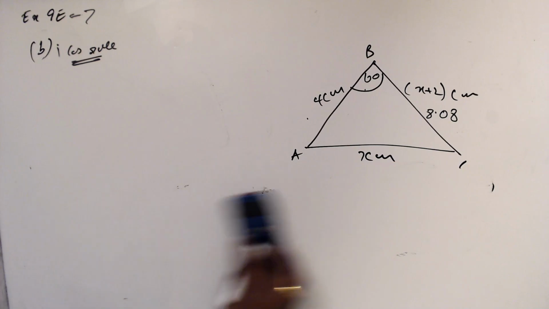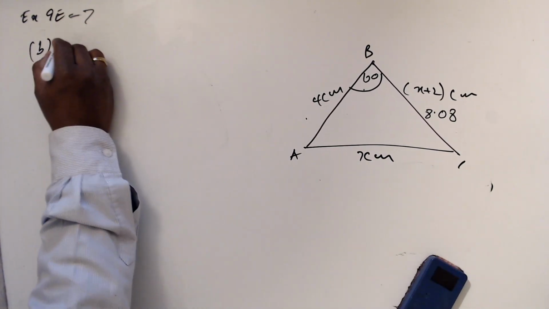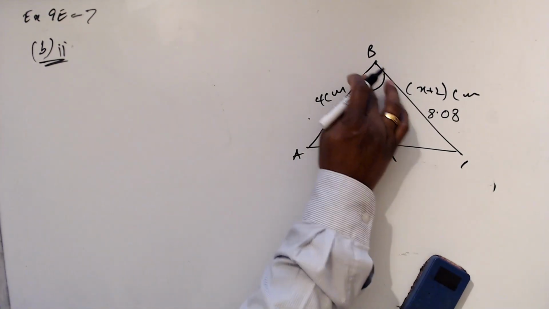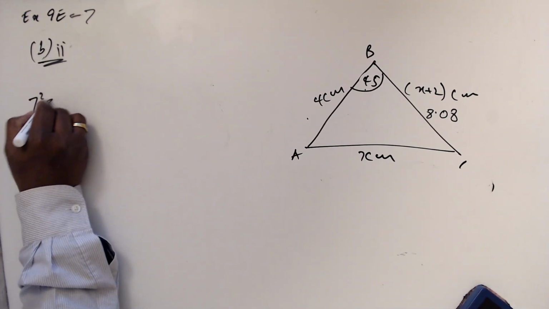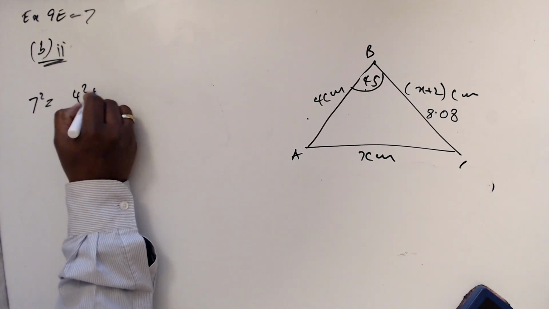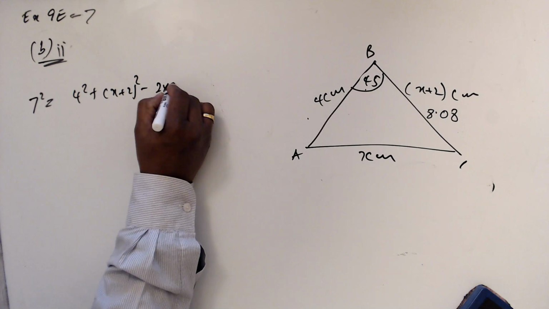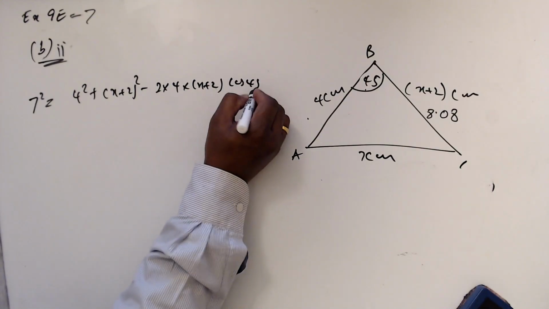Part B 2. Now this is 45. The same thing we need to do. 7 squared equals 4 squared plus x plus 2 squared minus 2 times 4 times x plus 2 cos 45.